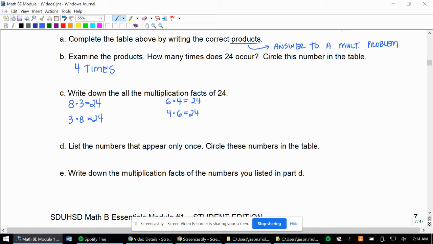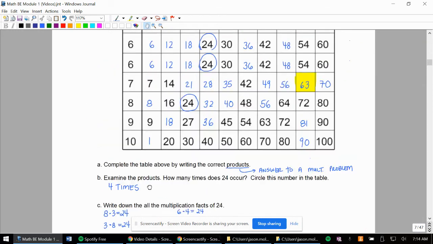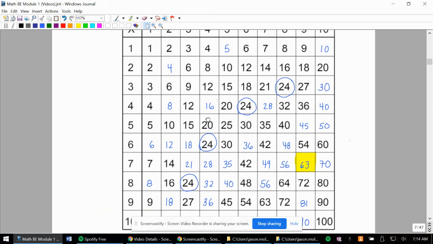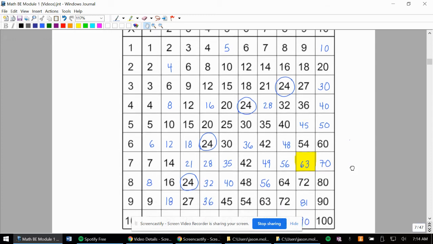Letter D says we're going to look and list the numbers that appear only once, and we're going to circle these numbers in the table. Now, appearing only once meaning we're ignoring these headers in the row and the column, so inside this table.